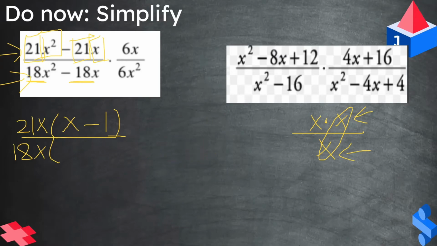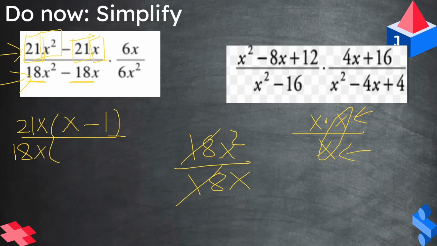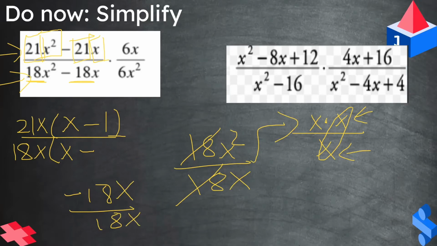Well, if I divide my first term, 18x squared, by 18x, the 18 cancels out. And if there are two x's at the top and one x at the bottom, you are just left with x. And now it's the same thing as we did for the top. You divide negative 18x by 18x, and you are just left with negative 1, which is what goes in here.